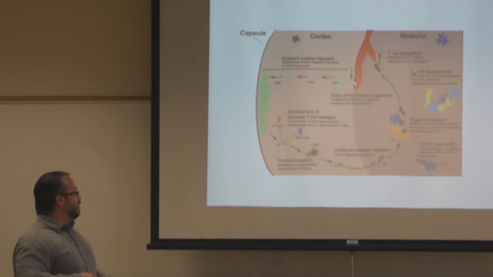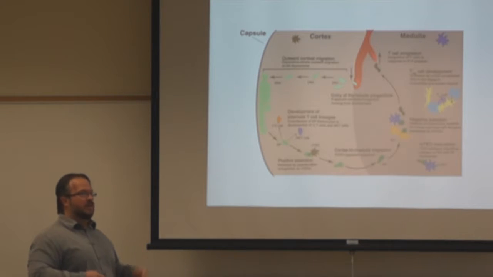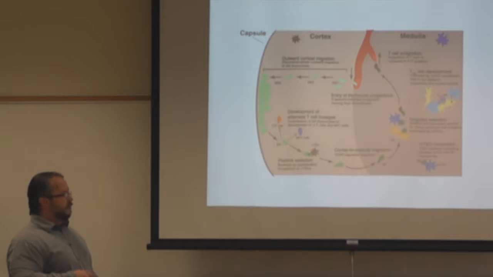It is a little bit muddy, because if they bind too strongly, they are deleted in this portion. It's kind of the Goldilocks zone. If they bind just right, then they'll move on. They'll become single positive cells.